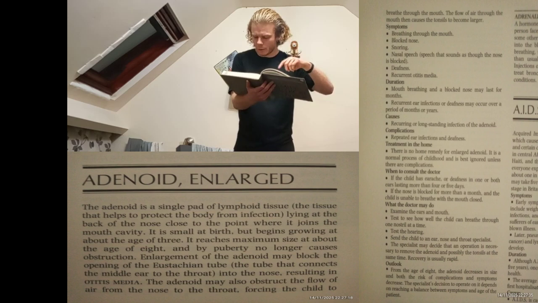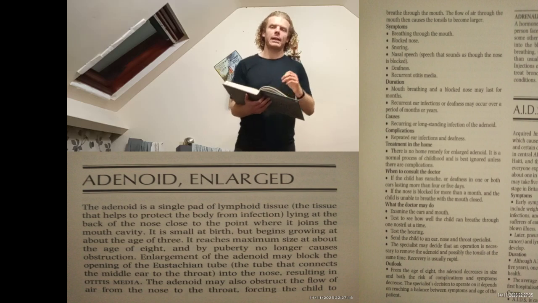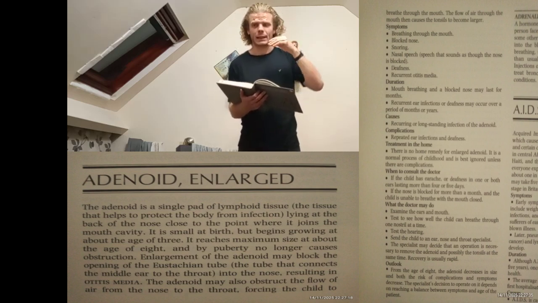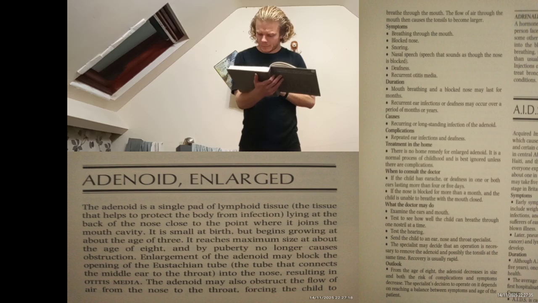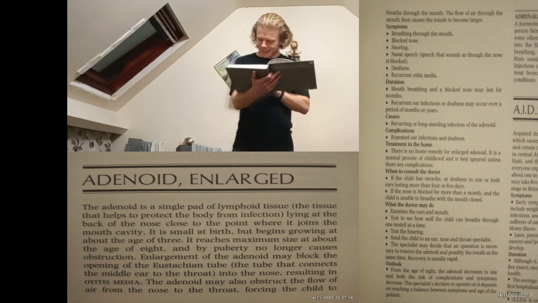Enlargement of the adenoid may block the opening of the Eustachian tube into the nose, resulting in otitis media. That is, the opening of the Eustachian tube, where it comes out into the nose, is blocked, and it could happen with otitis media.